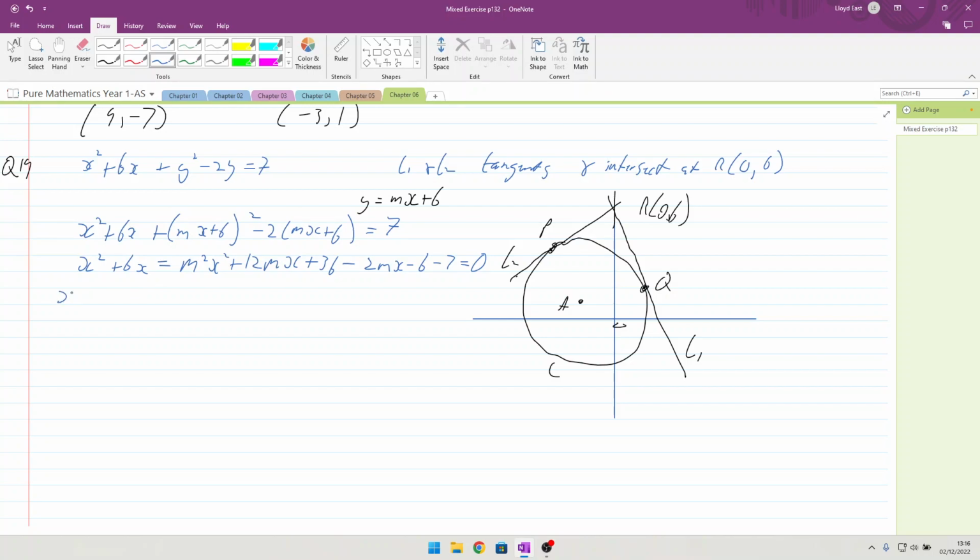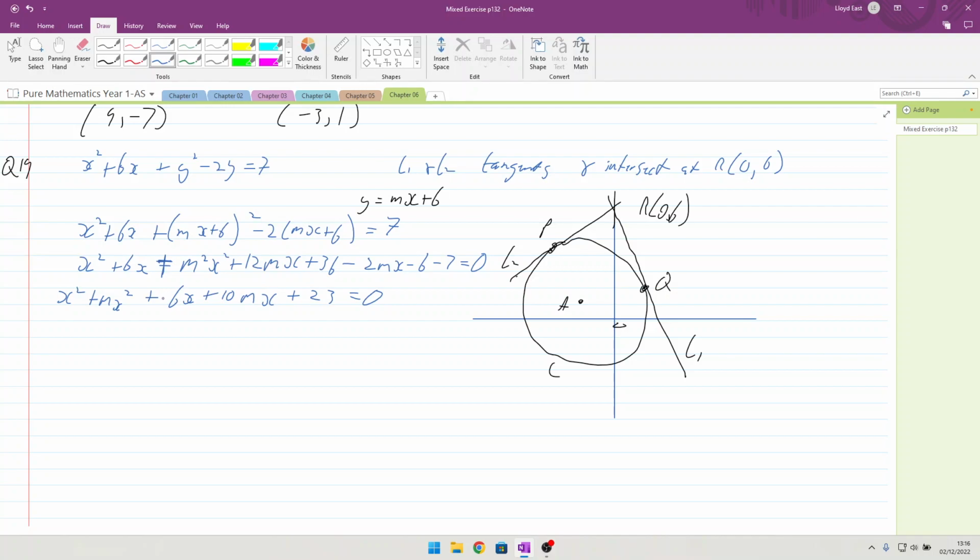I've got x squared plus m squared x squared, plus 6x, and then 12mx minus 2mx, so that's a plus 10mx. And then numbers on their own, 36, take away 6 is 30, take away 7 is 23, equals 0.